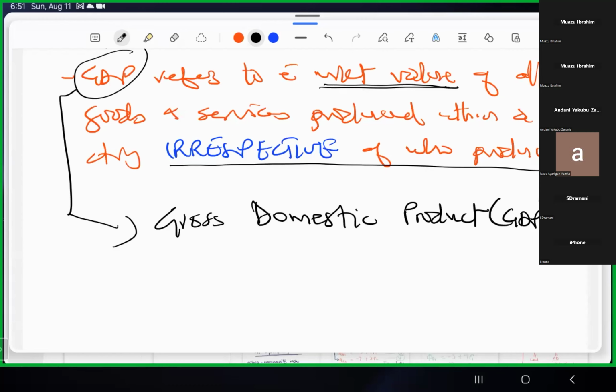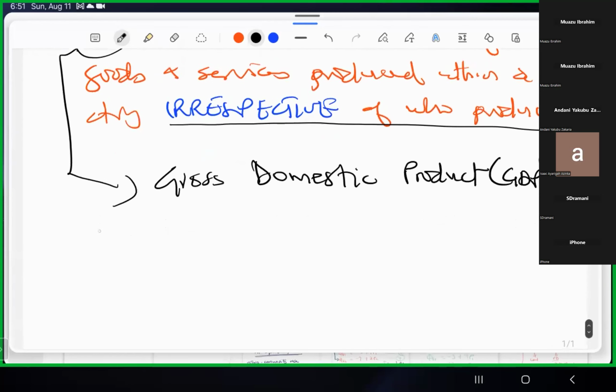And the recording and the compilation of data of these particular services or goods are done by the Ghana Statistical Service.